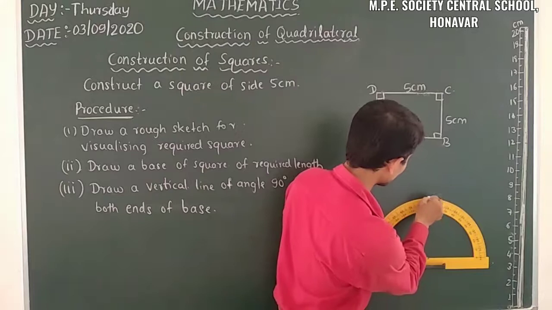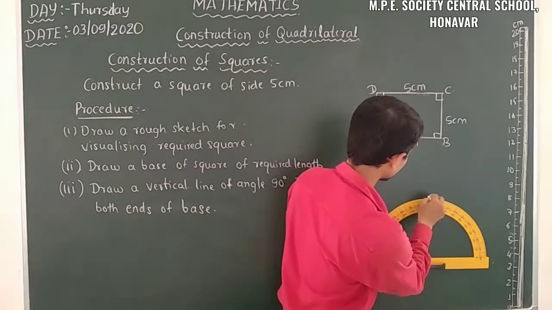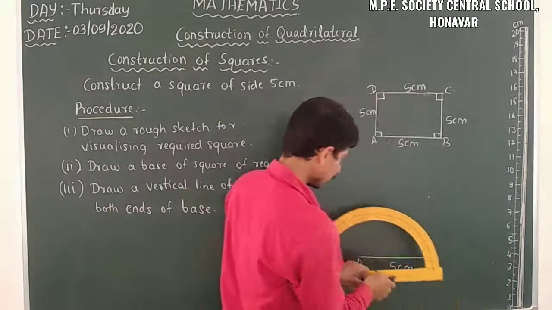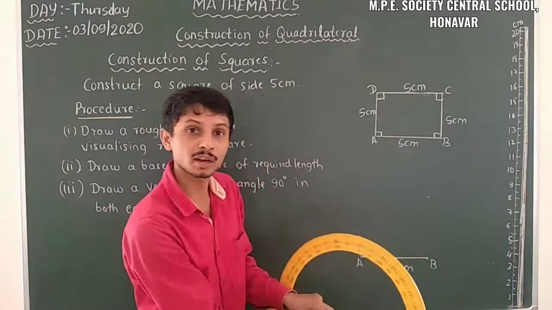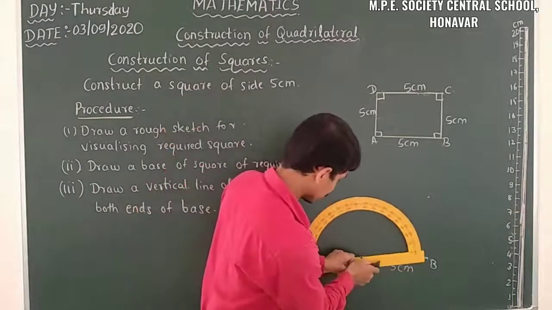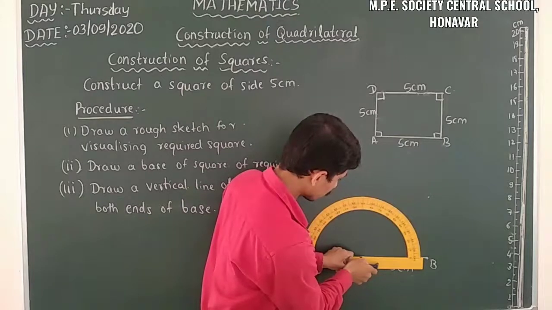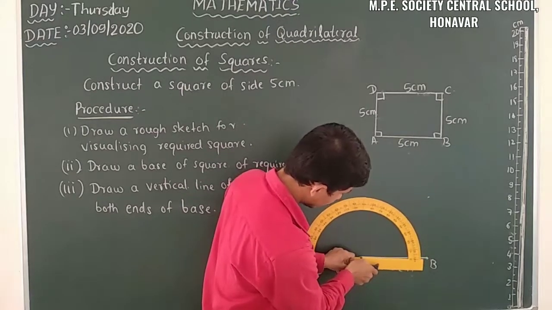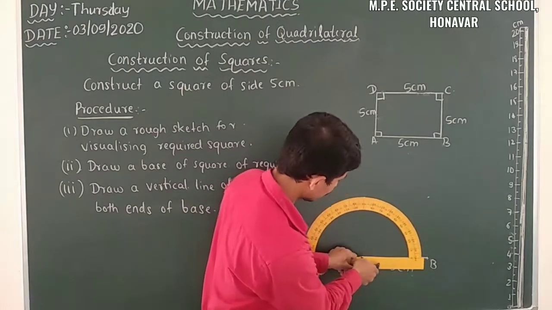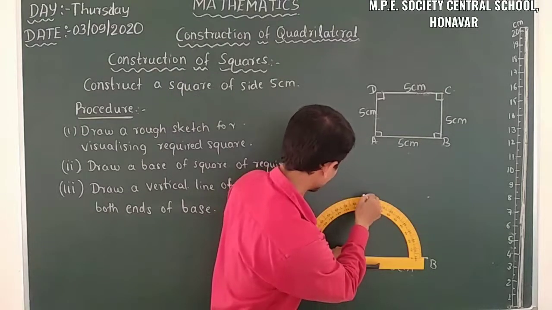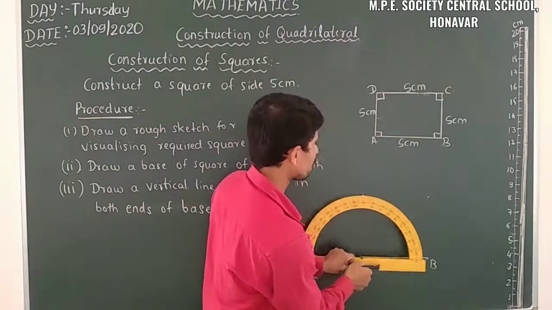So it is 90 degree, and we mark this point. Then at the other end also we have to draw a vertical line. From A also we take 90 degree. Here it is 90 degree, and we mark those points.